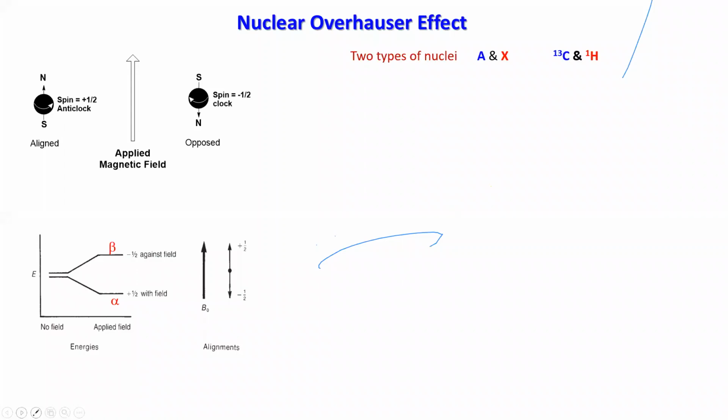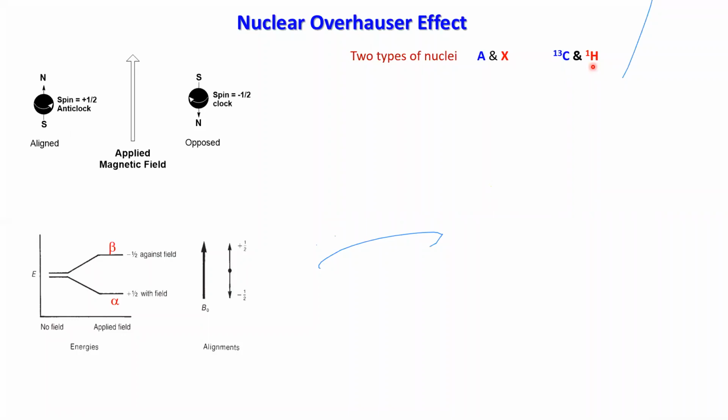Now let us consider the nuclear Overhauser effect, and to understand it we have to consider two nuclei. Here I have designated A, which may be the representative of 13C. The colors are the same, and here you have X, another nucleus, that you can think of as proton.